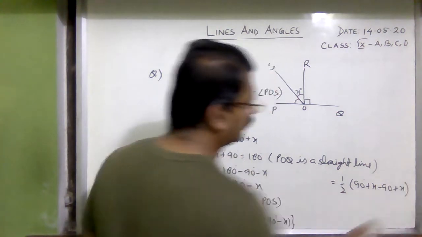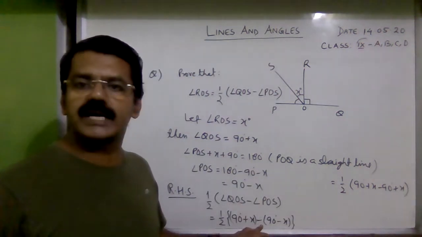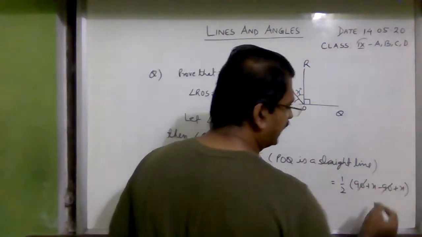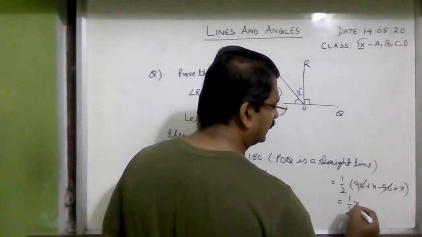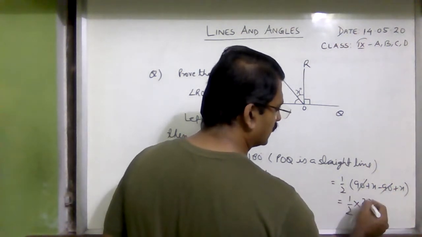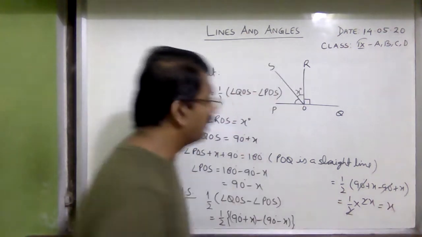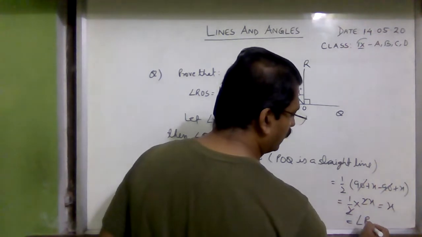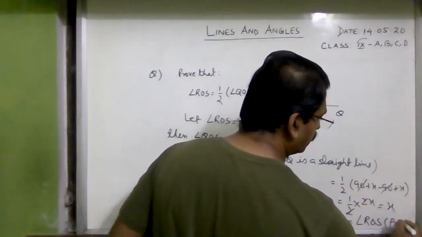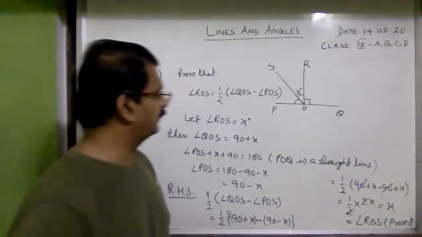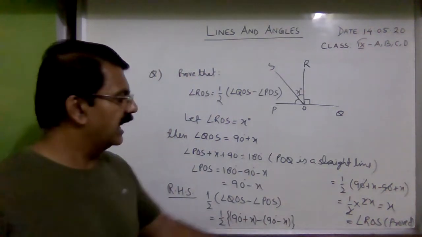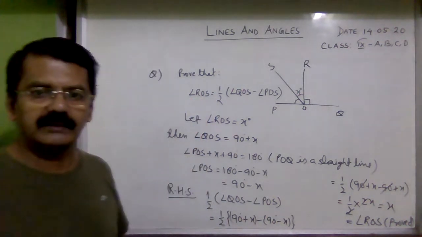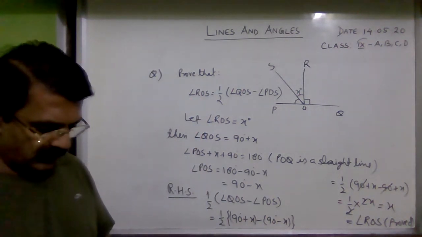When you open the bracket, there is a negative sign outside, so the sign will change and it will become minus 90 plus x. Now 90 minus 90 cancels out, half into 2x, so if you cancel 2, you will have only x, but x is nothing but angle ROS. So we have proved the left hand side. We started with the right hand side and we have proved that it is equal to ROS. Clear? Now we will do one more example.